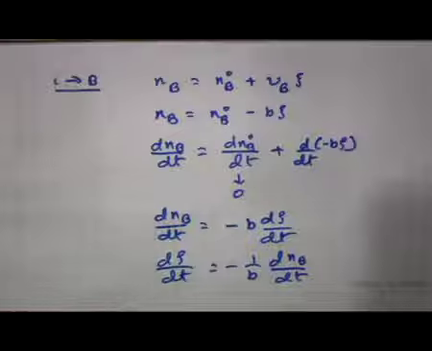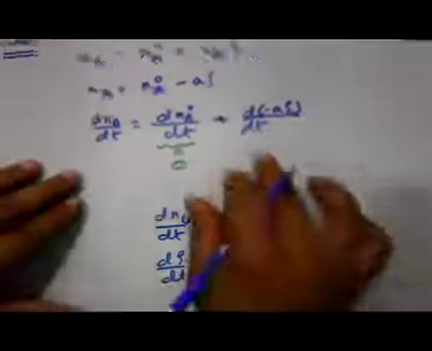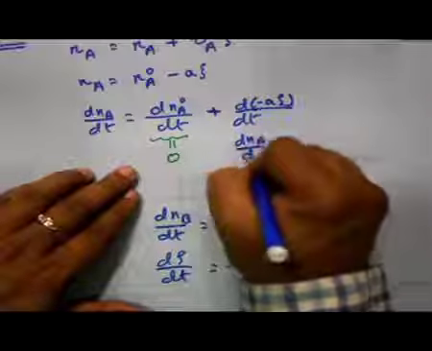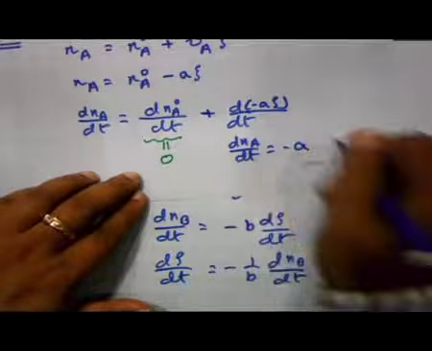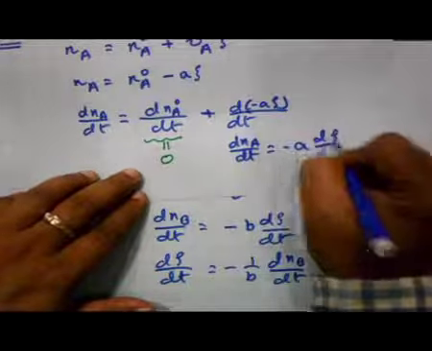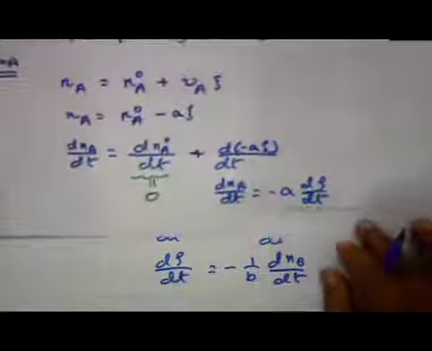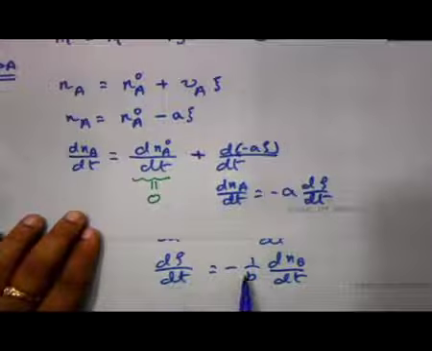So, which is very similar to what we had done here. I did not write the rest. So, from here I can write d of n A d of t is equal to minus A d xi over d of t, right. If you look at these two, here you can see what I have done. Here d xi by dt is equal to minus 1 by B d n B over d of t, right.